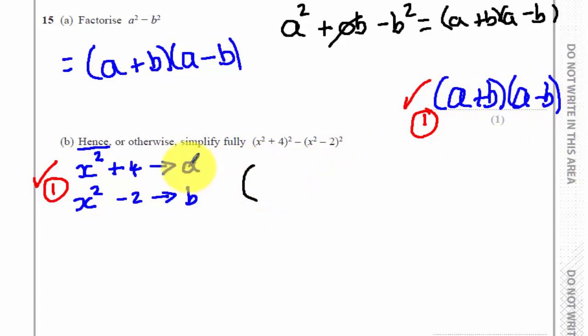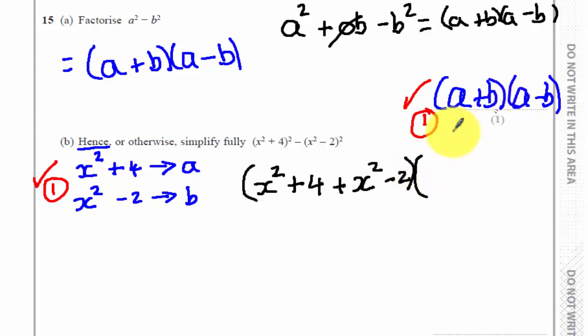So my first bracket, a, so it's x squared plus 4, plus b, x squared minus 2, multiplied by a, x squared plus 4, take away b, which is x squared minus 2. Make sure you put that in brackets because you're taking away all of it. And writing out that process gets you the second mark.